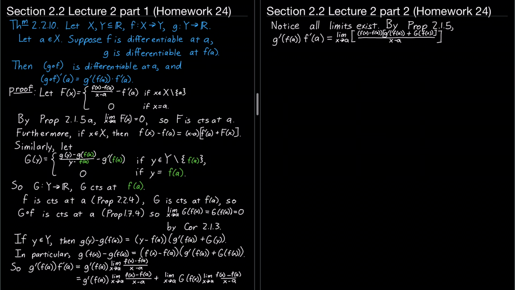And then we recognize from back here that f of x minus f of a times g prime of f of a plus big G of f of x, that is just equal to g of f of x minus g of f of a.